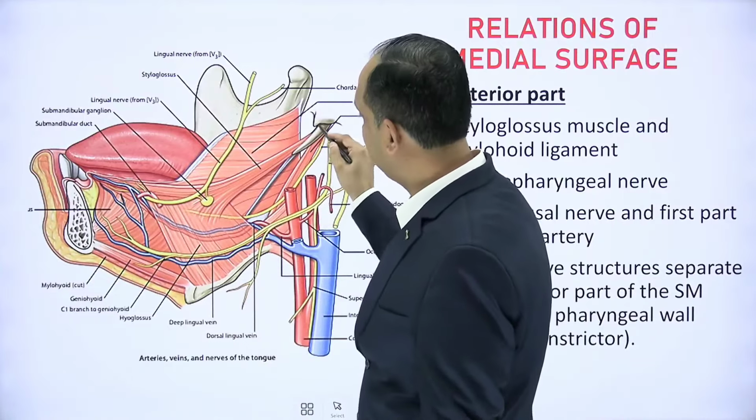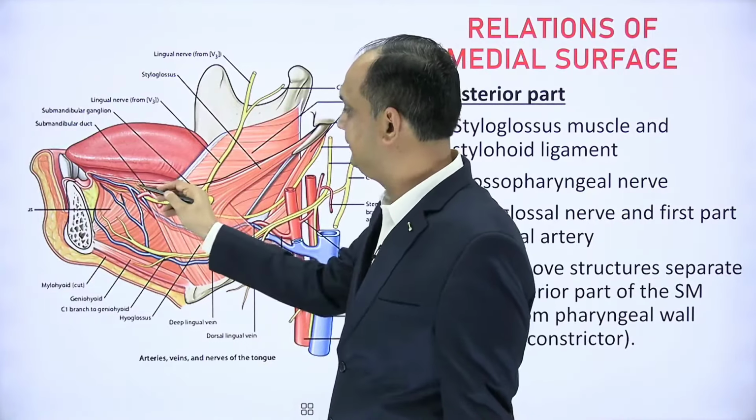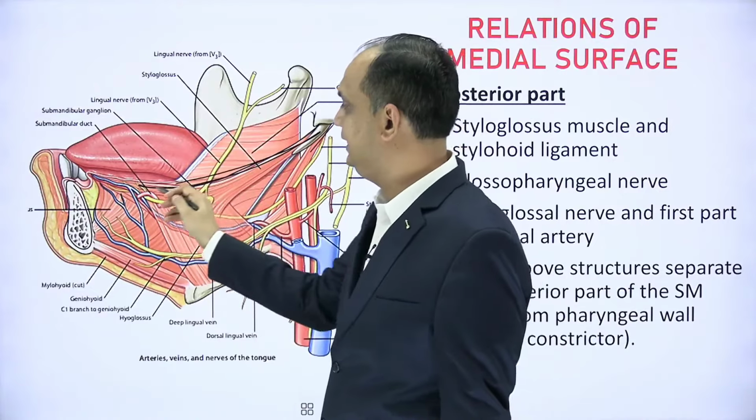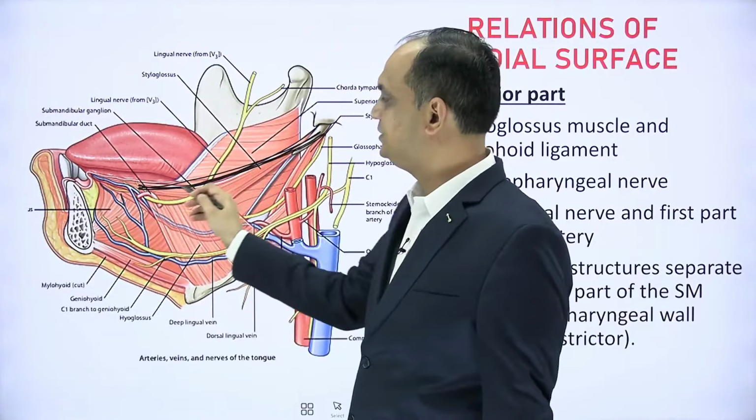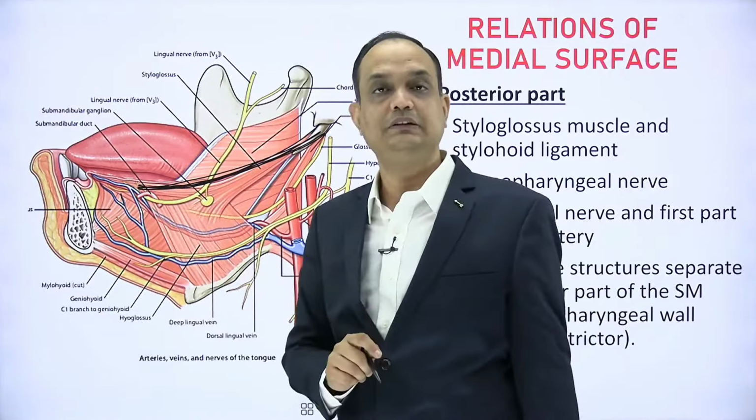You can see that there is a tendon coming here. This tendon is the connection between the styloid process and the tongue, and that is known as the styloglossus muscle. Now below the styloglossus muscle you can see a yellow colored nerve, and this nerve is the lingual nerve.